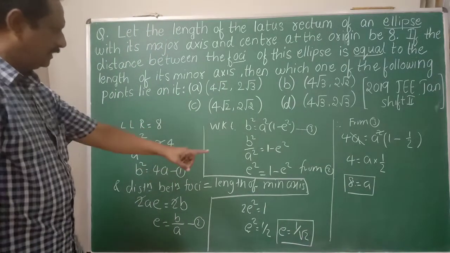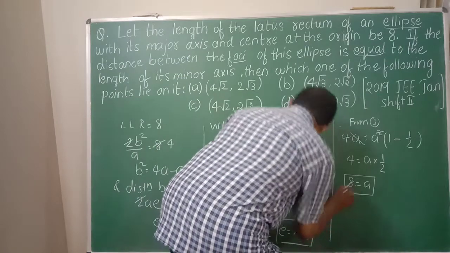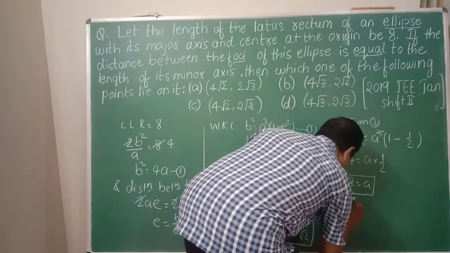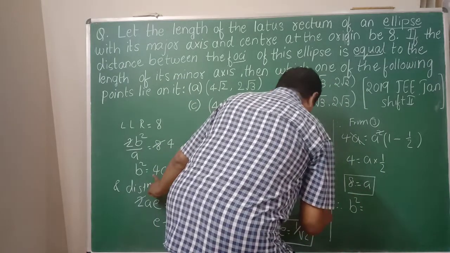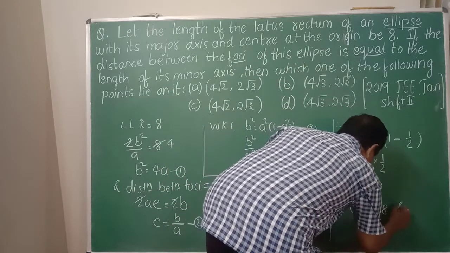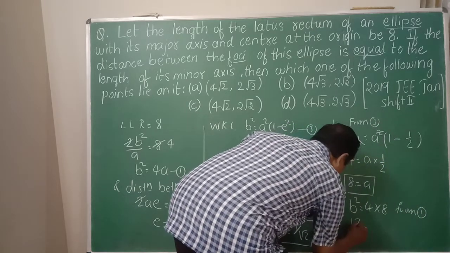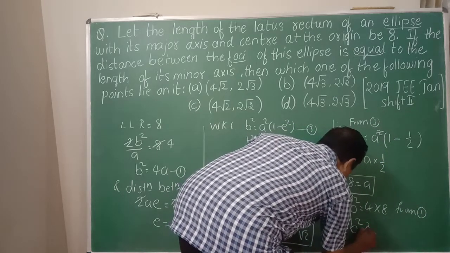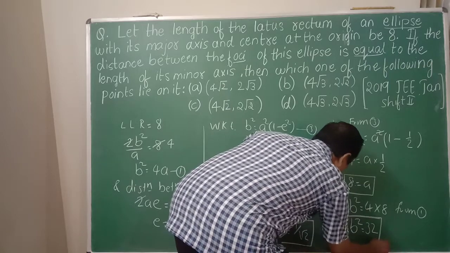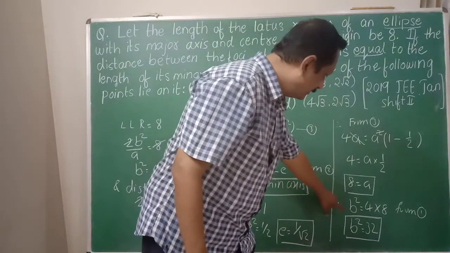Then use a equal to 8 in equation 1. Therefore b² is equal to 4 into 8, so b² is equal to 32. The value of a is 8 and b² is 32.